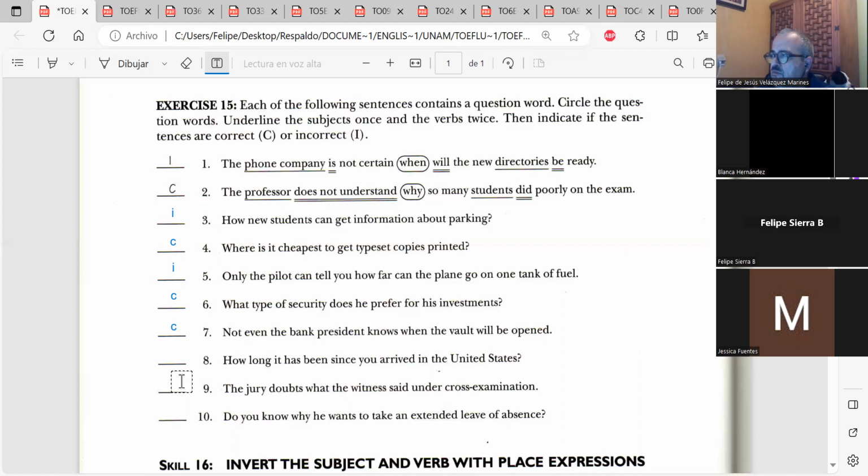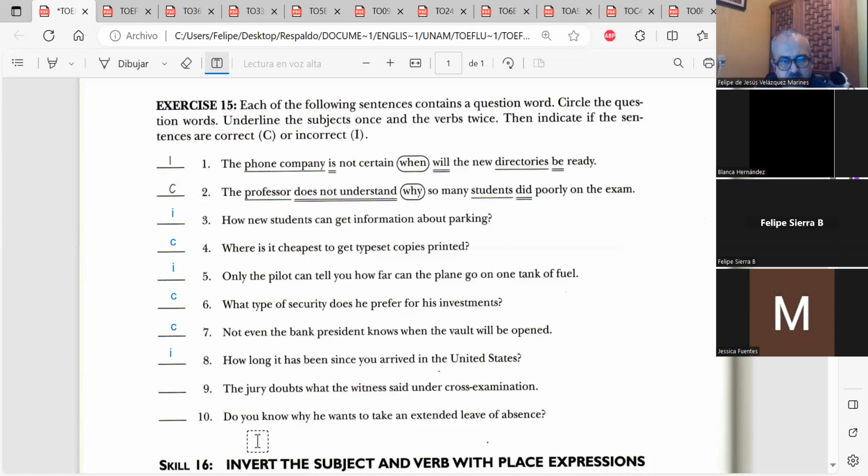How long it has been since you arrived in the United States? How long it has been? How long has it been since you arrived in the United States? That will be correct, right? Okay, so the next one, Felipe.